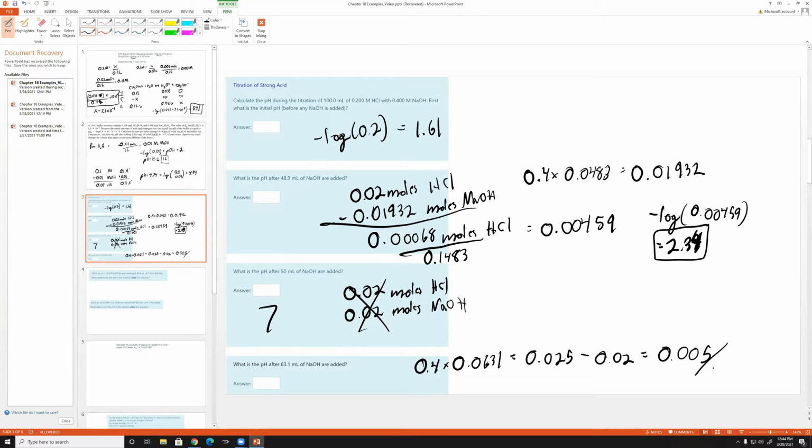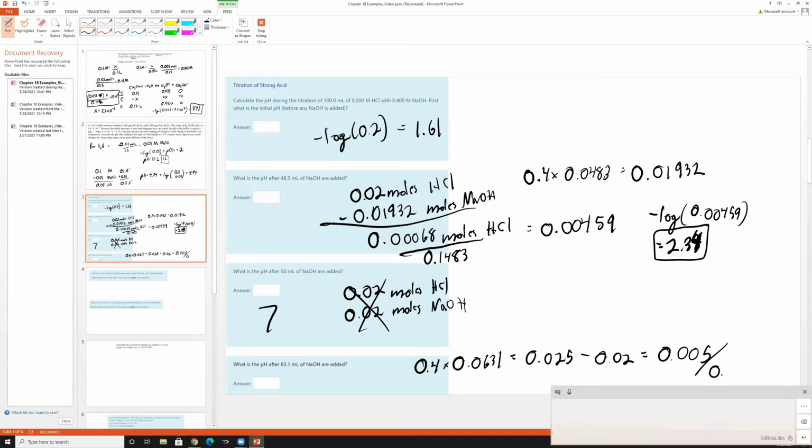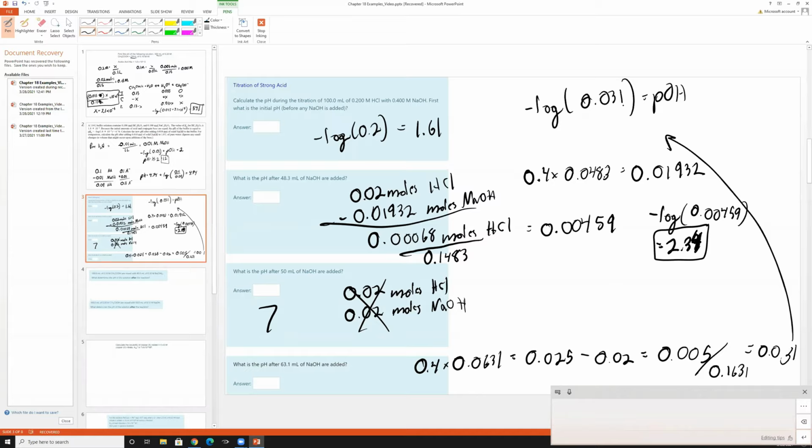Our new volume is going to be 163.1, so 0.163, which gives 0.031. Then we could do the negative log. I'll move the work up here. Negative log of 0.031 to obtain the pOH, because we found the excess in hydroxide concentration, which is 1.51.